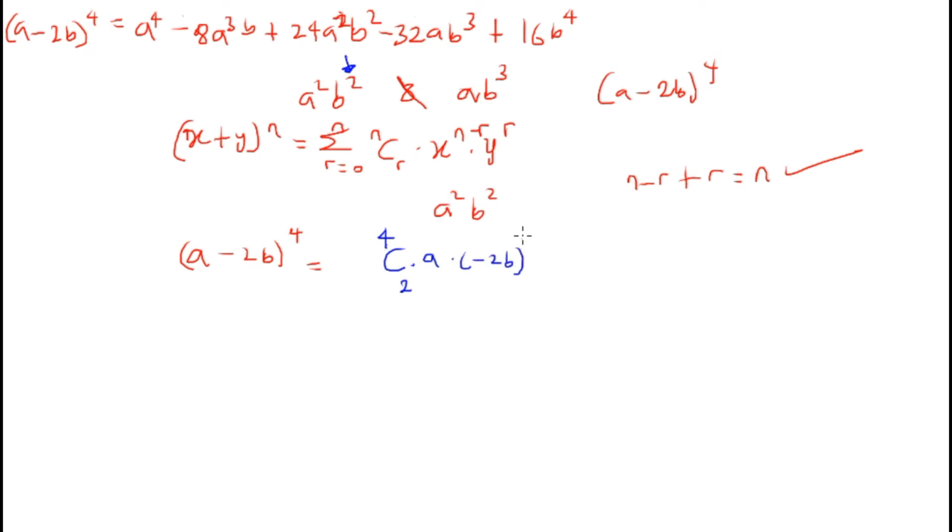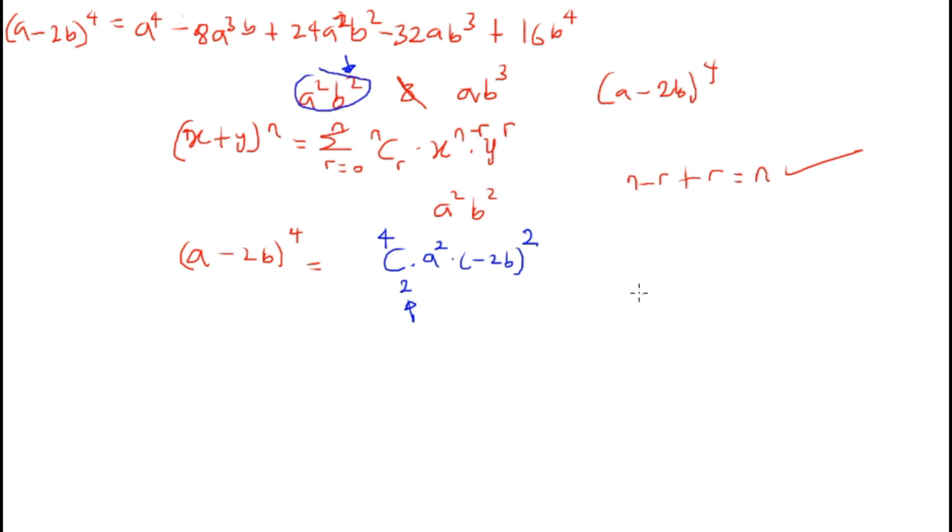So the power right here should be the power right here. Since I already have 2 right here, then I should have 2 right here, because the sum of the power has to be equal to 4. So this is the term that relates to a squared and b squared.